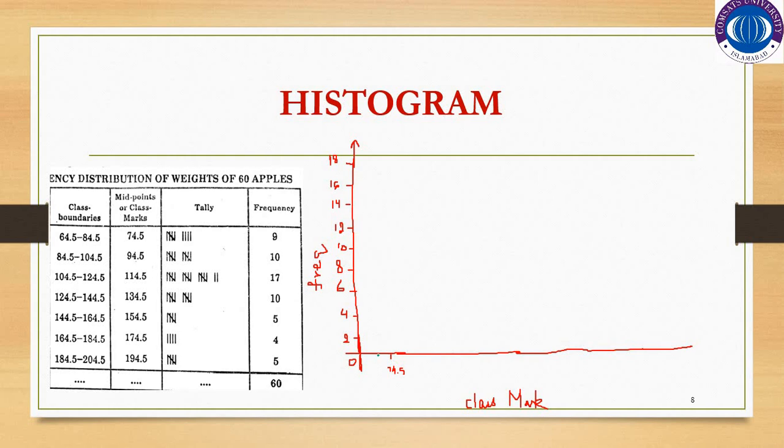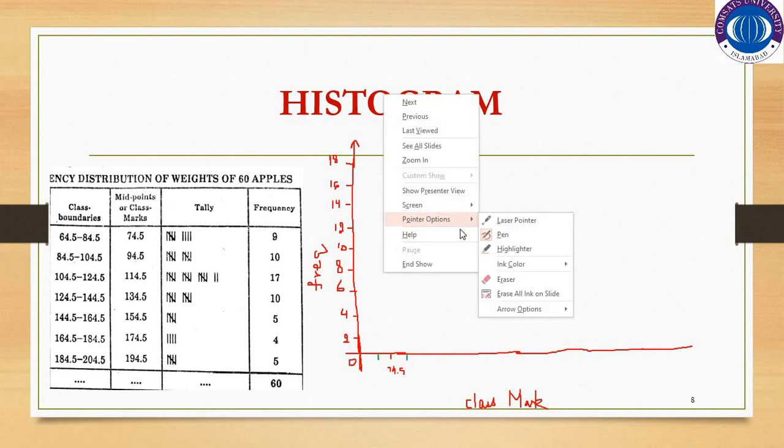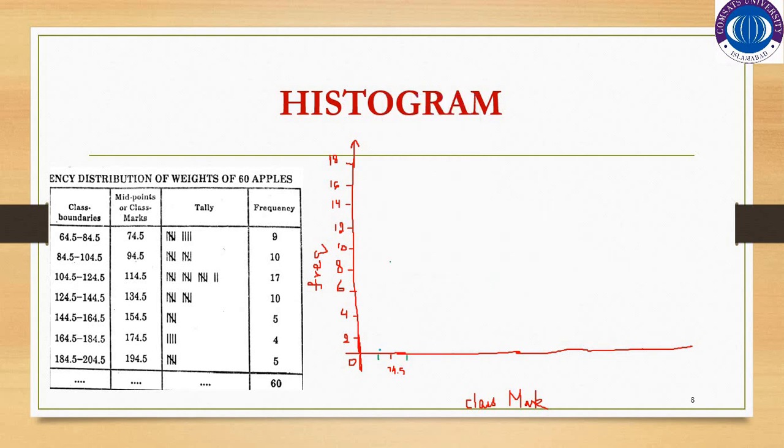So here we will have the lower class boundary and the upper class boundary of the particular class, and the height of this class, the number of units falling in the class, is 9, which would be somewhere here. If we construct a rectangle here, it's like this.